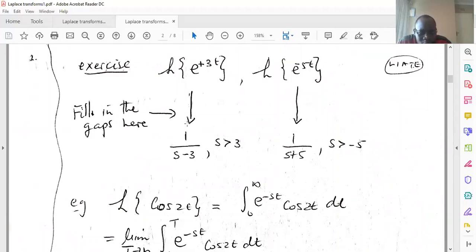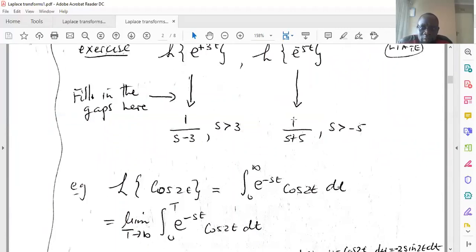And of course, the associated conditions need to be mentioned as well. So that's basically how we find the Laplace transform of the exponential functions.